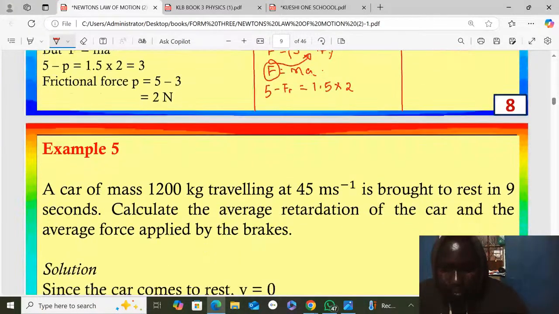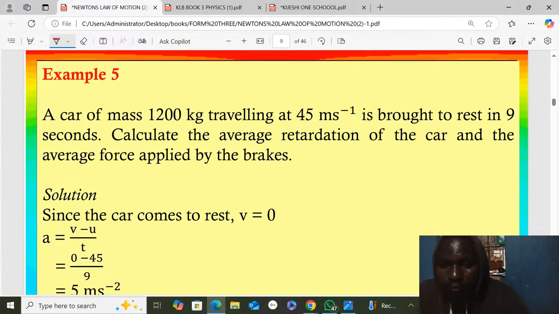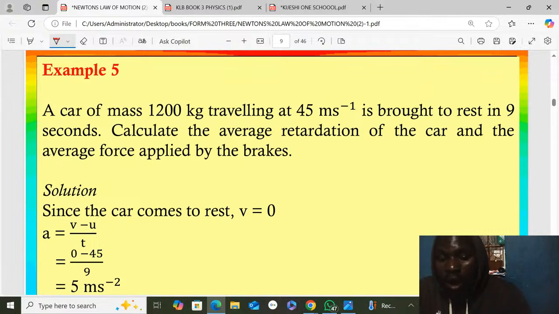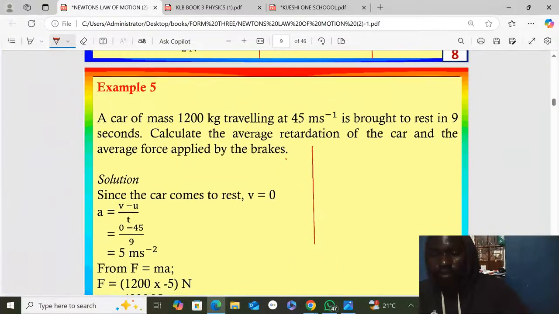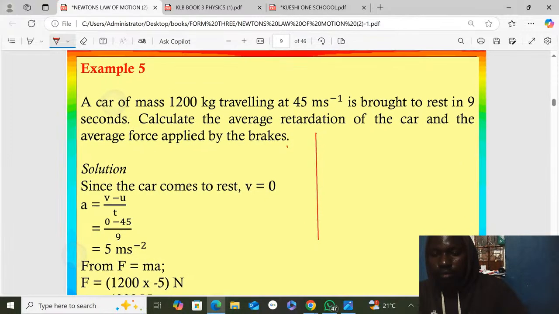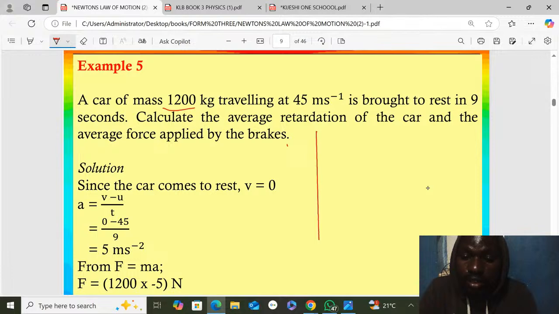We have another example. A car of mass 1,200 kilograms traveling at 45 meters per second is brought to rest in 9 seconds.